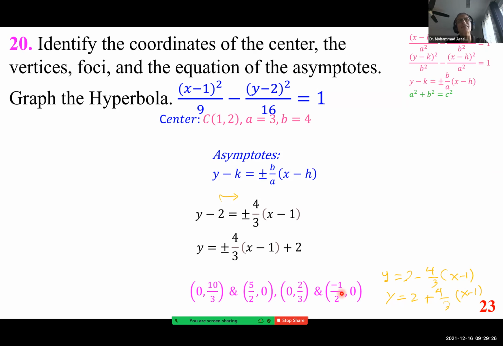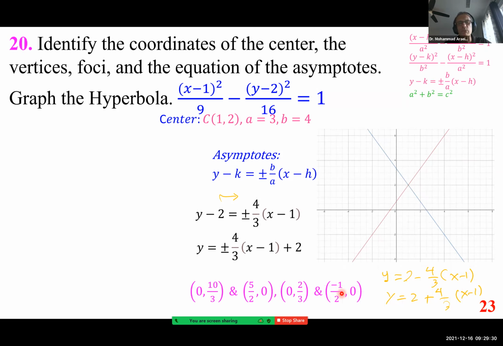This is as far as drawing the asymptotes. So you can see the two asymptotes. This is one point, which is 0, 10/3. This is 5/2, 0. And this one is 0, 2/3. This is negative 1/2, 0. So you have the asymptotes, and you have the center.